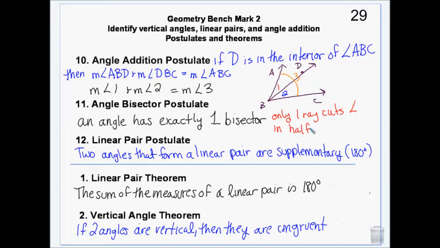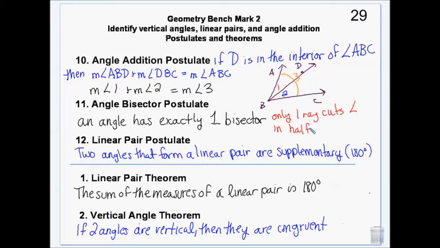And then we have the linear pair postulate that says if two angles make a linear pair, they're supplementary. Part of the definition of supplementary was that they add up to 180 degrees. And part of the definition of a linear pair was that they were supplementary. So it makes sense that if you define it by saying it's supplementary, then they are supplementary.